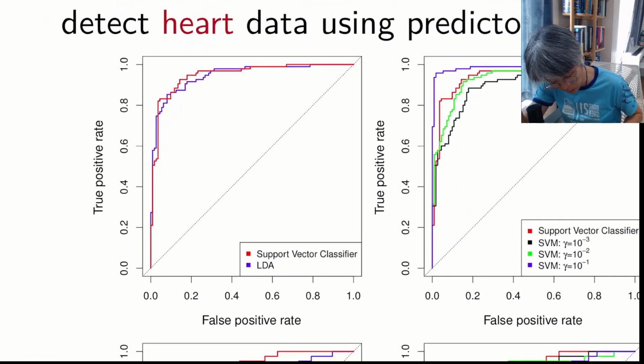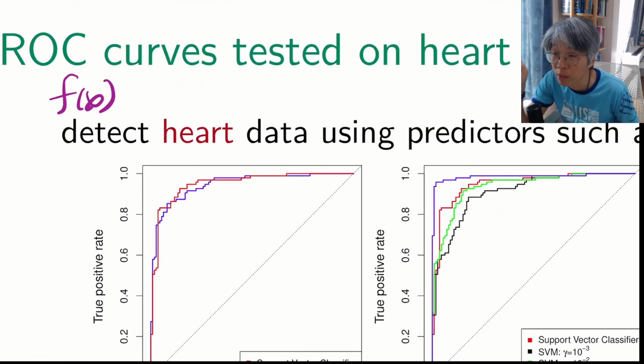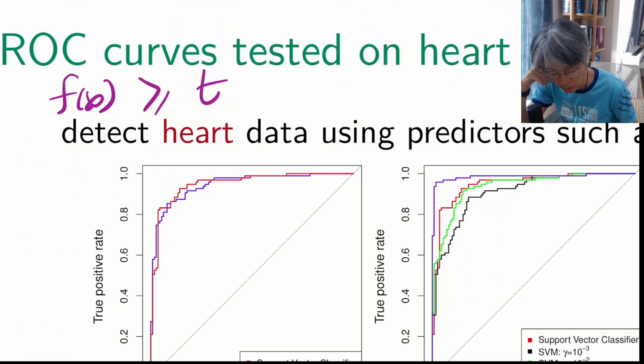ROC curve, if you review, is the curve between TPR, true positive rate, and false positive rate. So for each classifier, you get the form f(x), the classifier, and you get to pick a value of a threshold t. So you classify a data point as a patient who has heart disease if it's greater than t, for example.